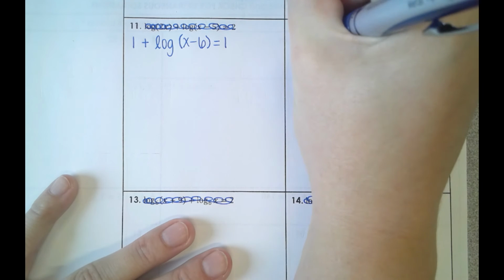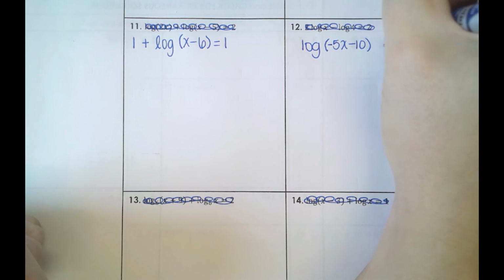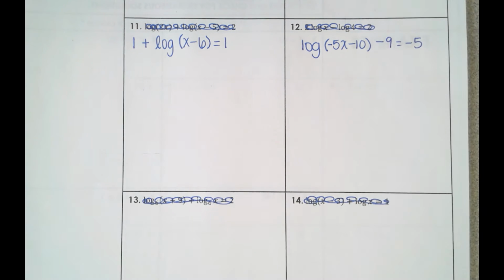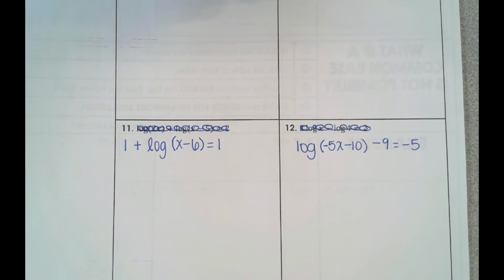And log of negative 5x minus 10 minus 9 equals negative 5. We'll just do those 4. So get those copied down.